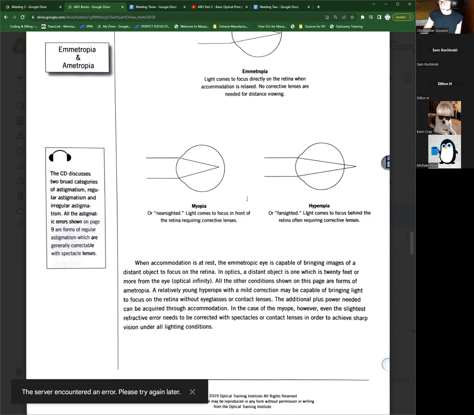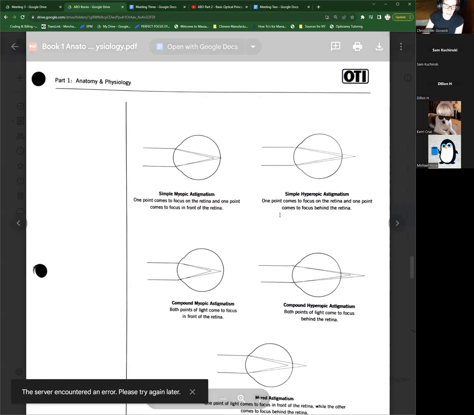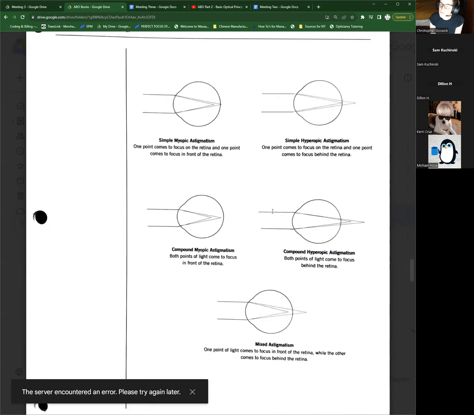Okay, so what goes on now, I do find that this is a little harder to understand. I am not entirely sure if you guys had questions about it, but sometimes with astigmatism, when you see pictures of it, you're like, oh yeah, of course, this is exactly what this means.